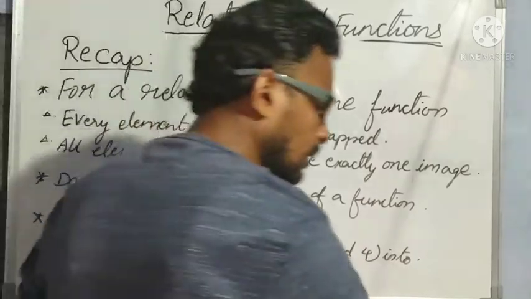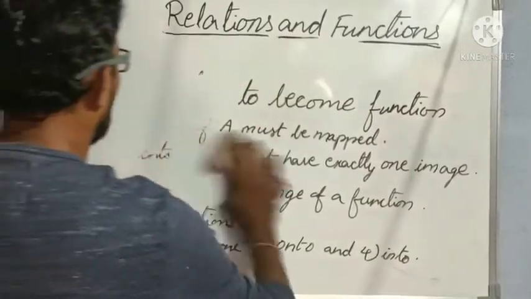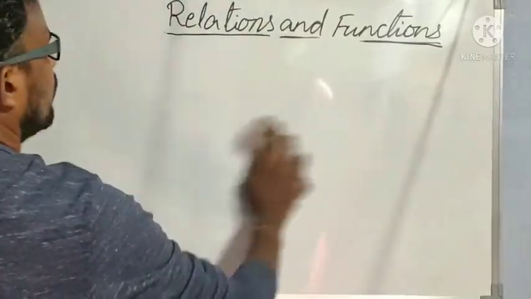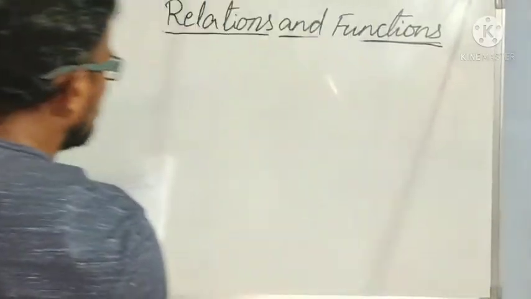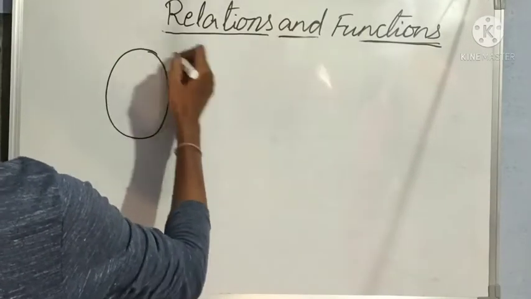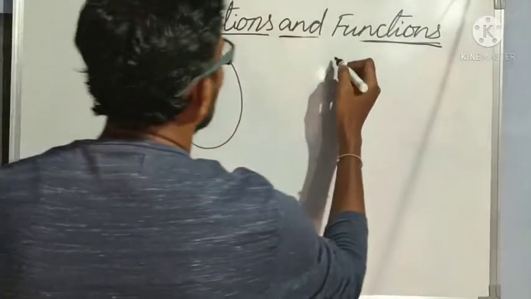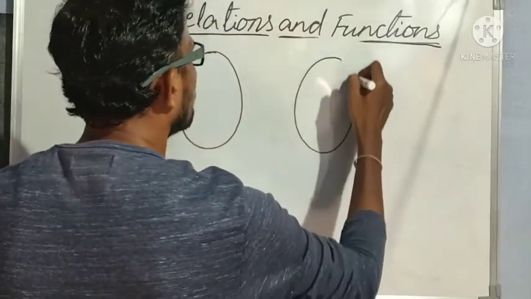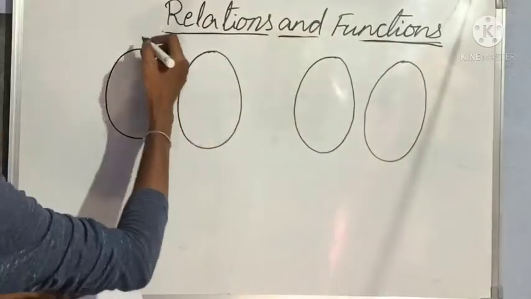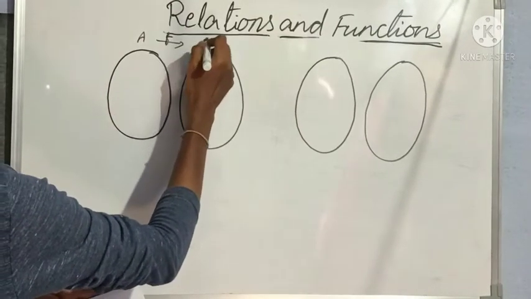I will explain all of this in detail once again by taking examples. Only two examples I will take: one which is a function and the other which is not a function. And from the first relation I will also explain what is a domain, codomain and range. Suppose I take a function f from A to B like this.